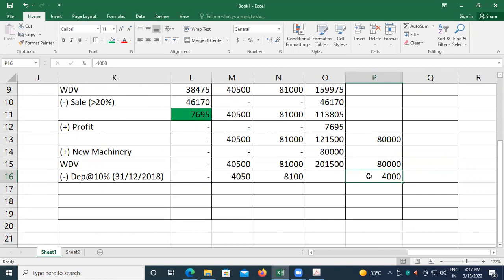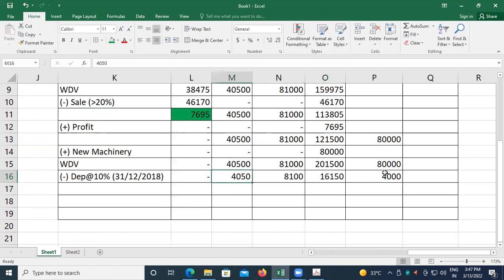Now let us take the total of all the depreciation we charged. So 4,050, 8,100 plus 4,000. If you take the total, depreciation will come to 16,150 rupees, which is the total depreciation we have charged on the remaining part of the asset as well as the new machine.